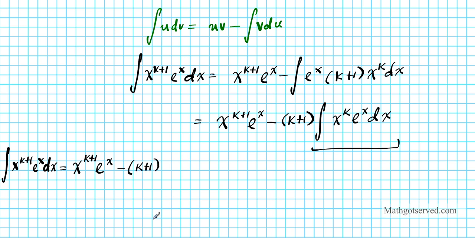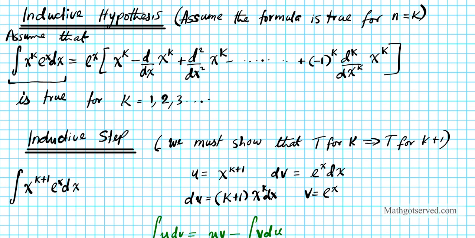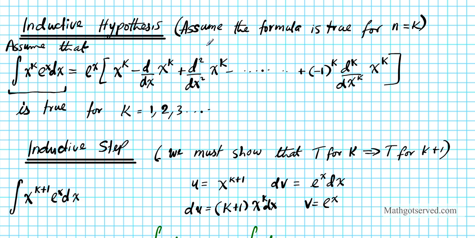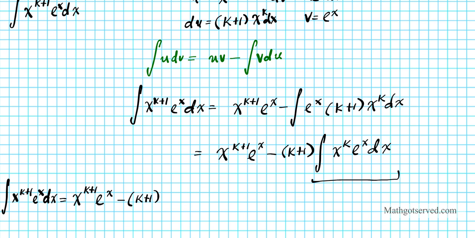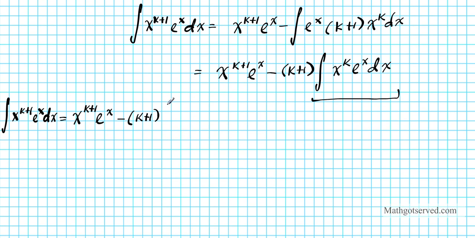Now I'm going to make a substitution. Let me change the color here so that you don't get confused about what I'm doing. I'm going to replace this integral with what I said it is equal to on my assumption. We have made an assumption that this statement is true, so I can substitute this with that with ease. All right, so when I make my substitution, I'm going to end up with x to the k minus, wait a minute, I'm missing the e.